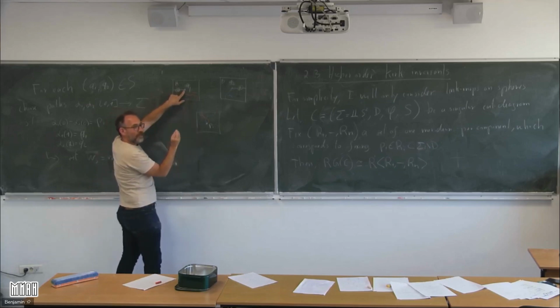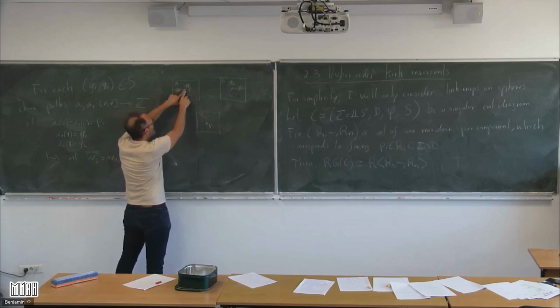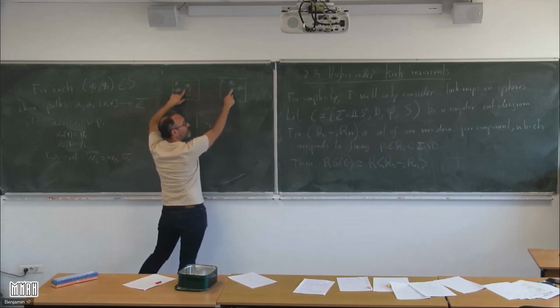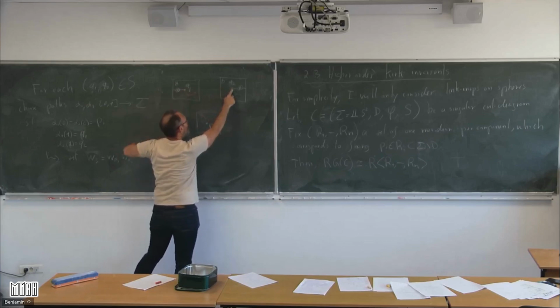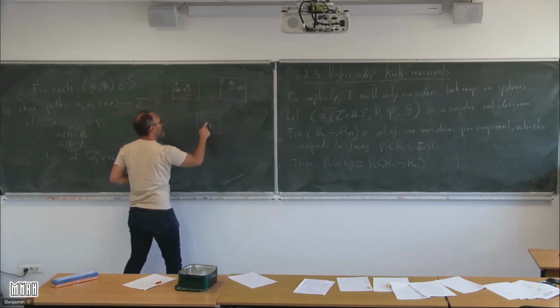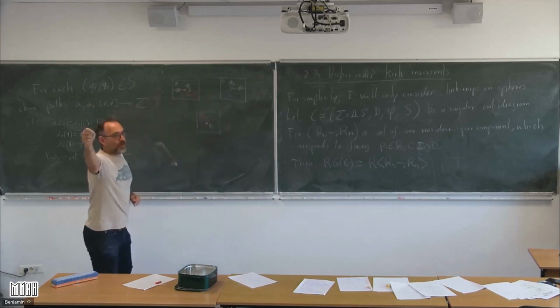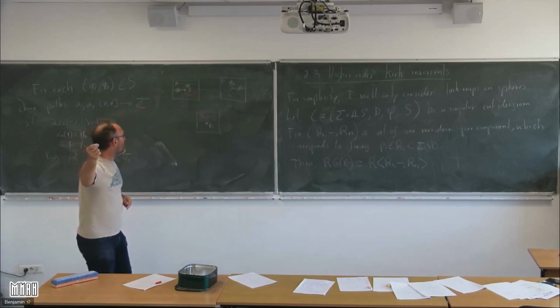So using this real double point, from there, I can switch to there, and now go back to P1, and now go back to my base point.